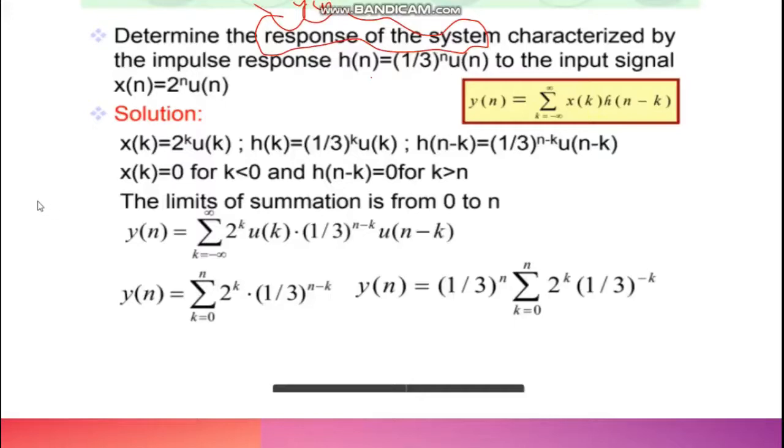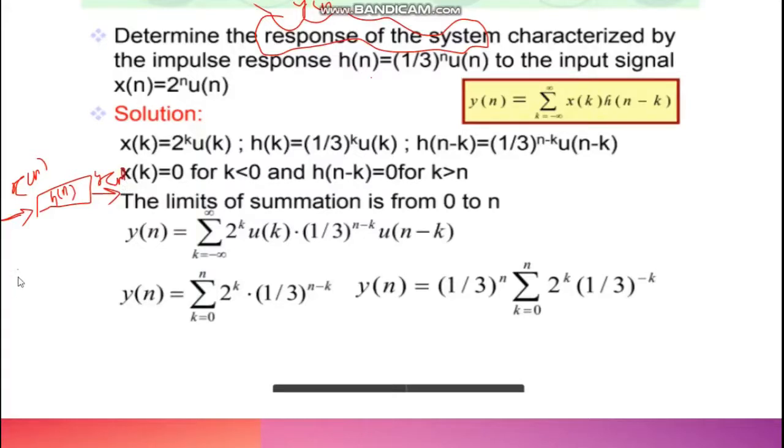So you have a system, and you are giving x of n to this discrete LTI system, and the impulse response of this system is h of n, and the output of this system is y of n. That is, the response of this system is y of n.